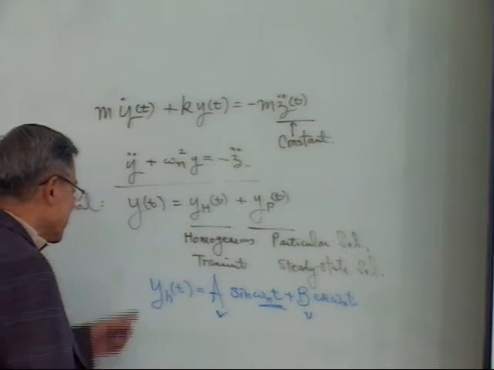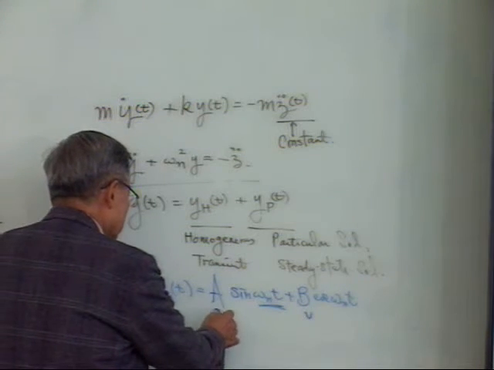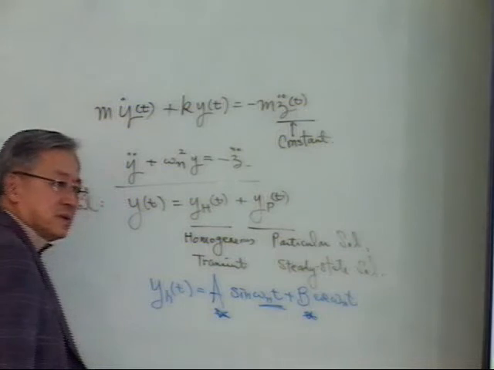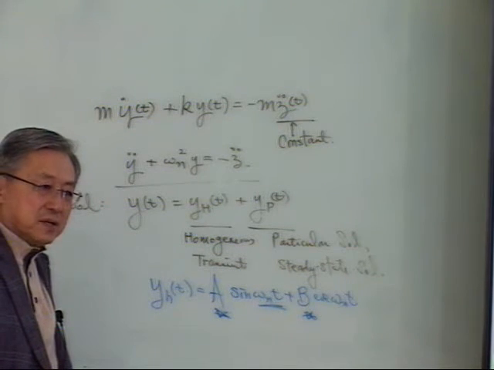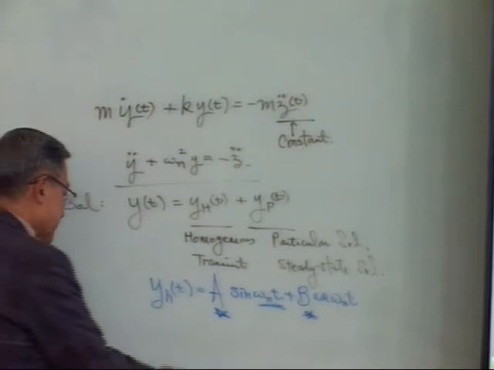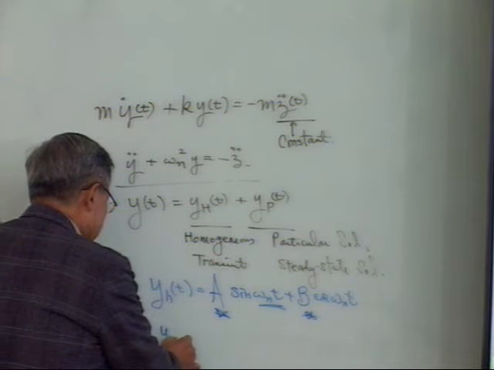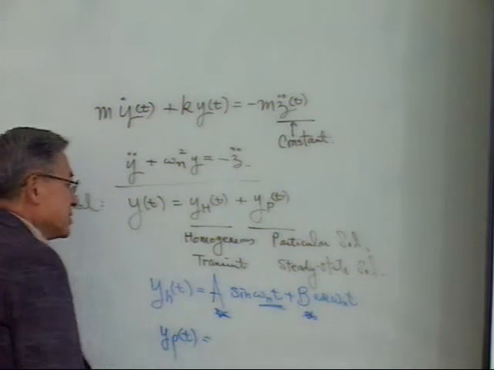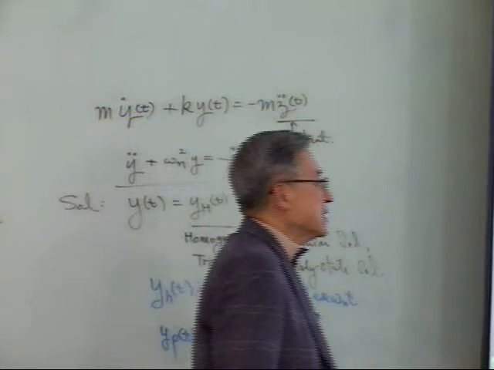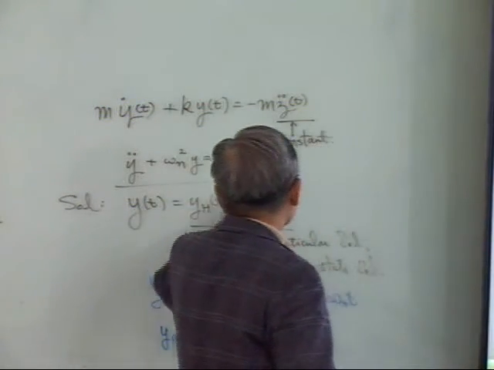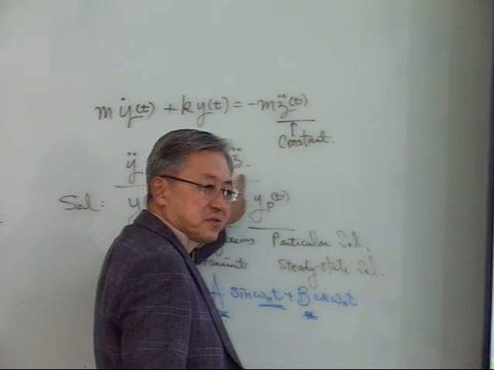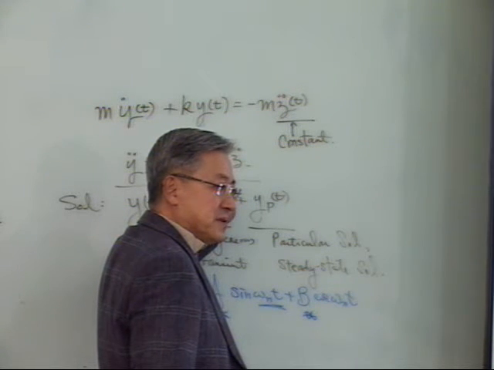So this is a homogeneous solution with two unknowns, which can be solved by applying the initial condition. And second is a particular solution, which is a function of the right hand side here. This is a forcing function.